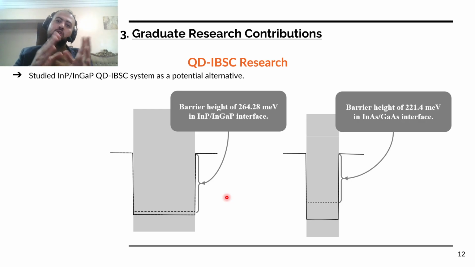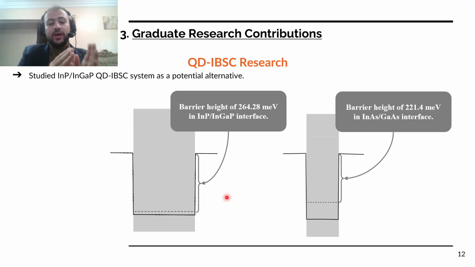because eventually holes get confined along the edges of the quantum dot, while electrons are confined in the middle of the quantum dot, which decreases somewhat the spatial overlap between the electron and hole wave functions, which we'll see later. This will eventually decrease recombination rates inside the quantum dots.